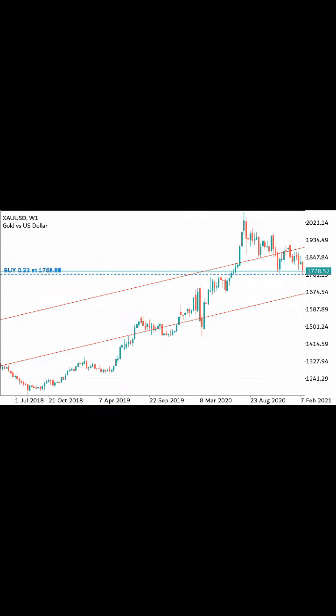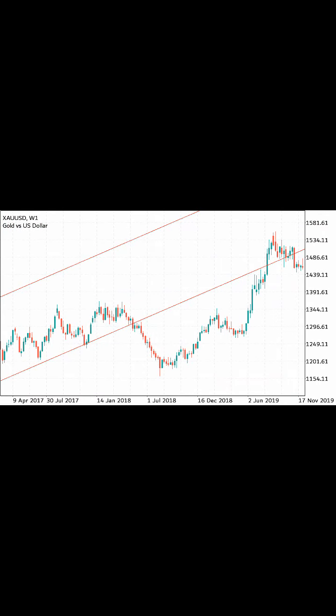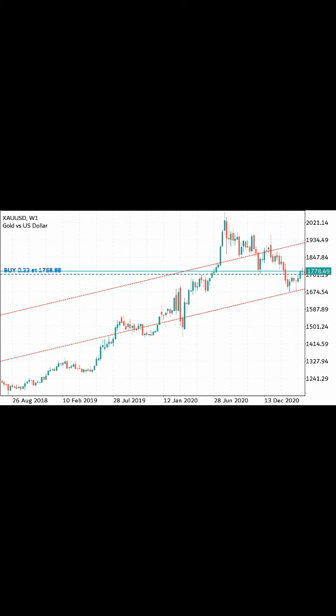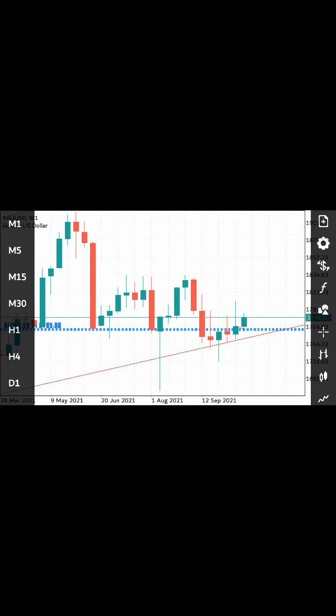So you realize from sometime 2016, 23 October, then you go up to maybe January 2020, then you go up to 13 December 2020, up to where we are today, which is sometime October.